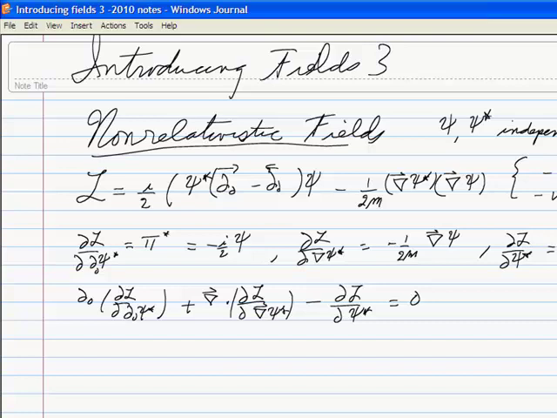So the first term is the one that sits over there, they're actually in order there. So it's minus i over 2 d0 psi.